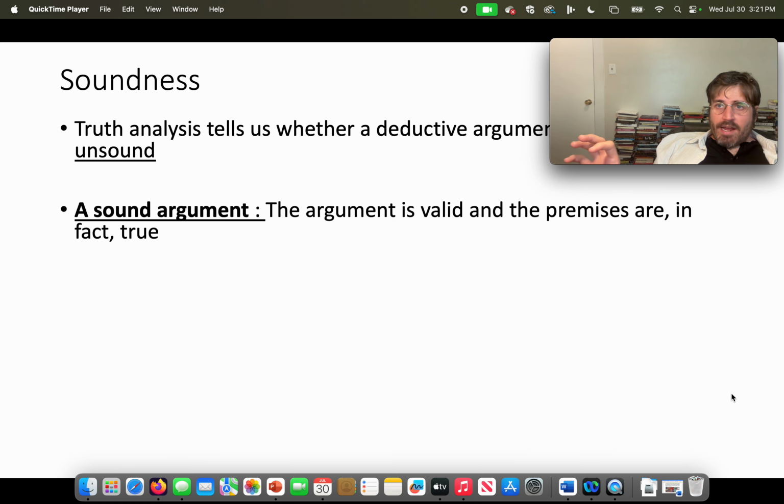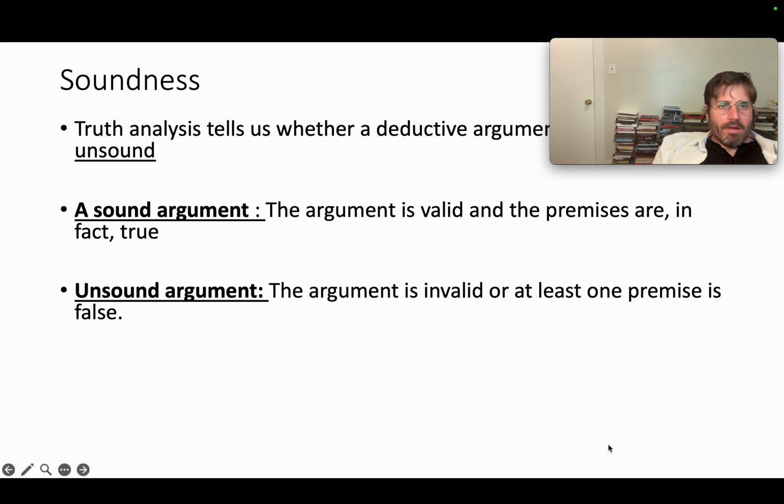So soundness pertains to deduction and validity pertains to deduction. Unsound arguments are ones where the argument is invalid and at least one premise is false. An unsound argument is invalid and at least one premise is false. So you can have a deductive argument that is valid where premises are untrue but still valid. You can have a valid argument that is also sound where premises are true.